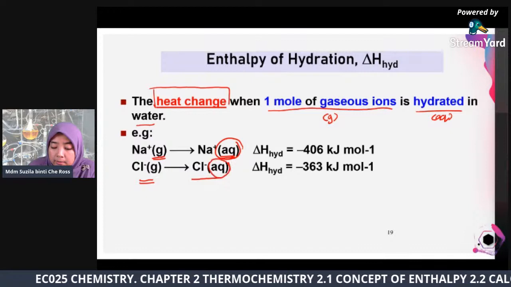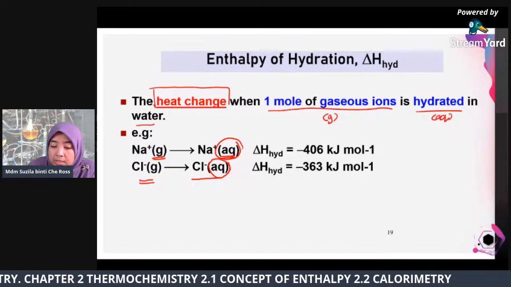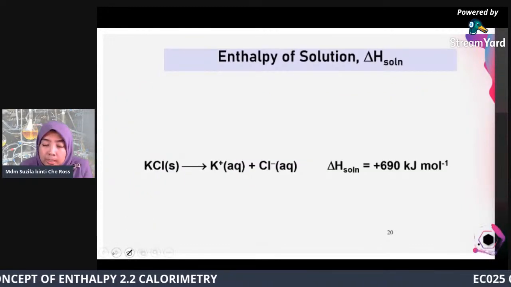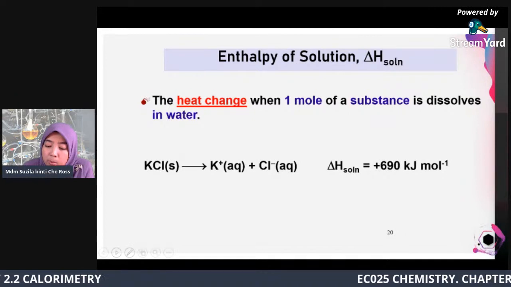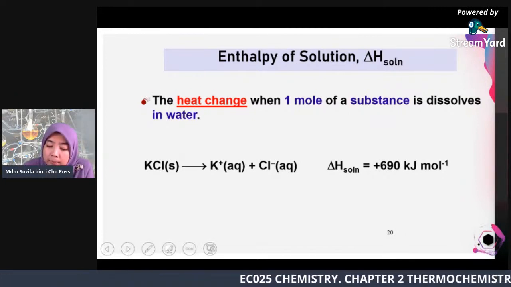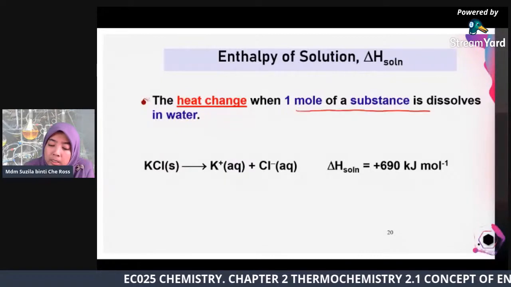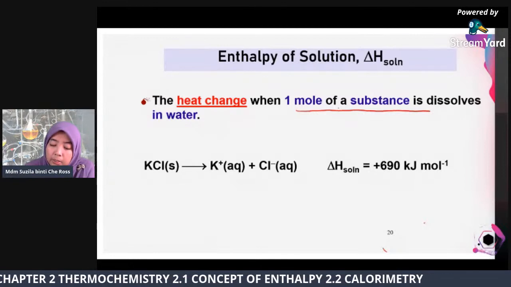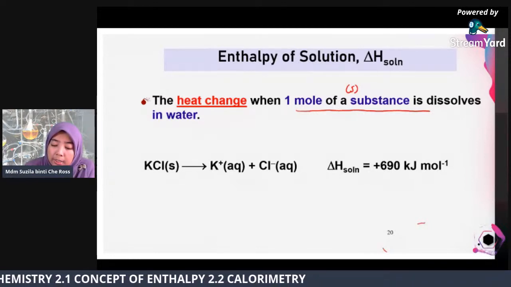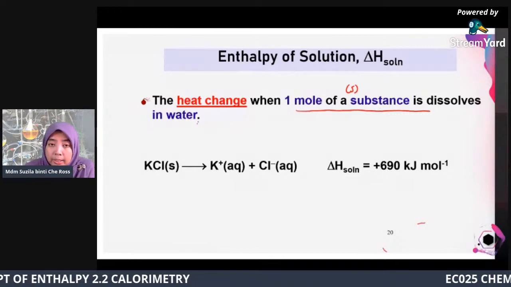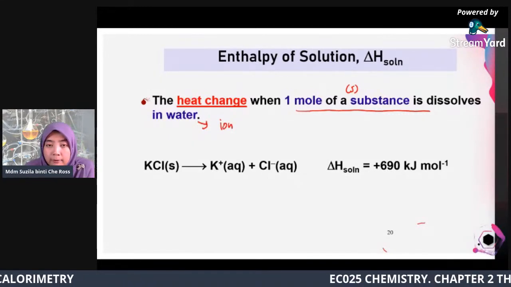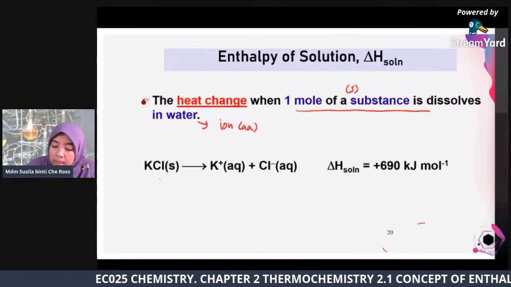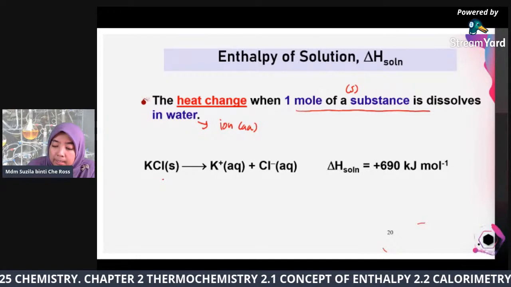Okay, next, enthalpy of solution. So enthalpy of solution is defined as the heat change when 1 mole of substance is dissolved in water. So 1 mole of substance here is in solid state. Dissolved in water means you will get ions in aqueous phase. Okay, for example, KCl solid dissolved in water, we will get K plus aqueous plus Cl minus aqueous.